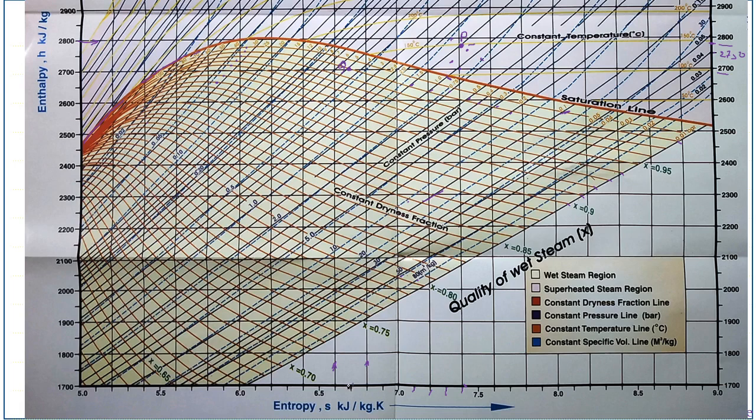Entropy here is just less than 6.7, between 6.6 and 6.7, so we take it as 6.66.